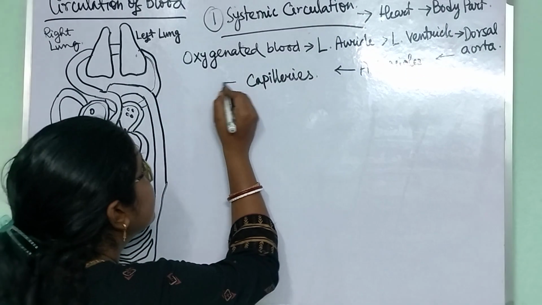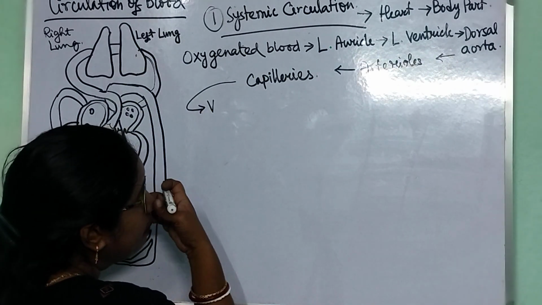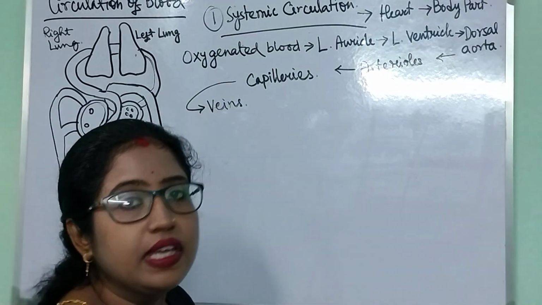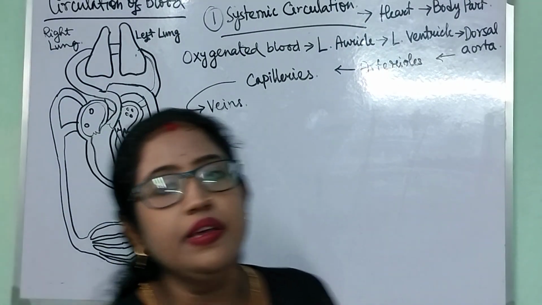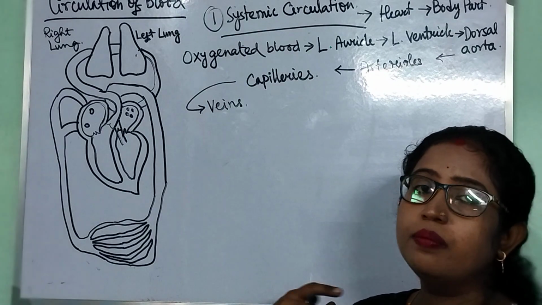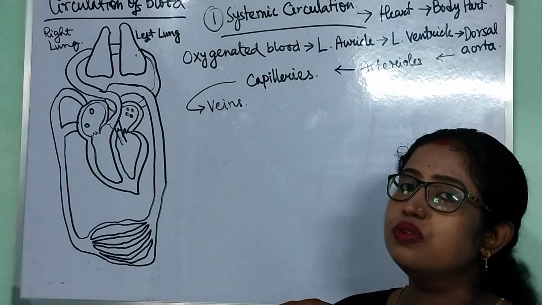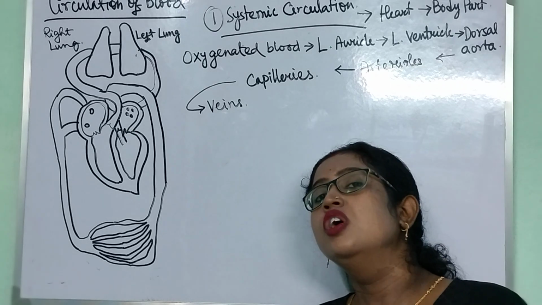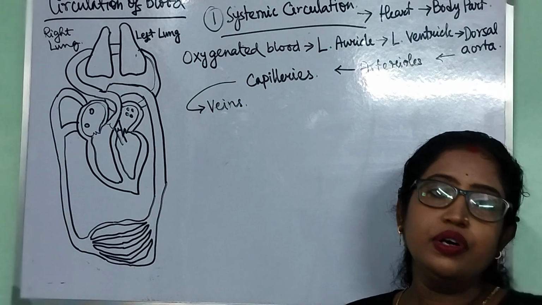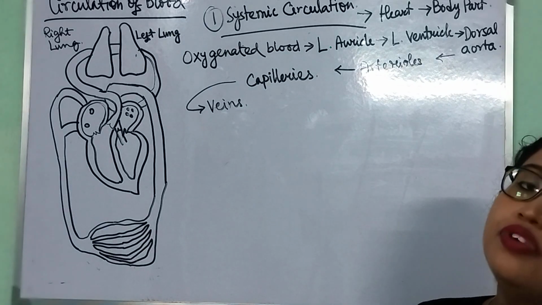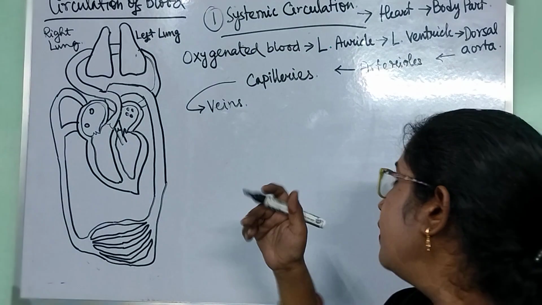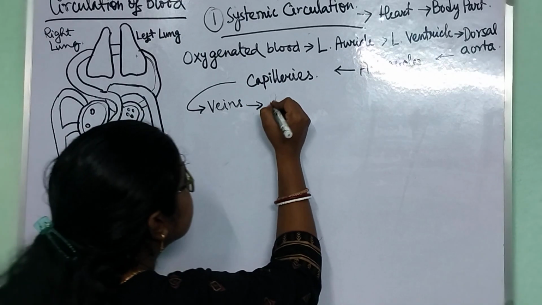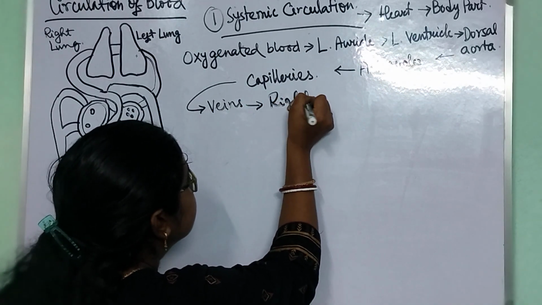So the capillaries then unite to form venules and veins. All the venules from the upper portion of our body join to form the superior vena cava, and all the venules that are present in our lower body part unite to form the inferior vena cava, and the veins drain their deoxygenated blood into the right atrium.